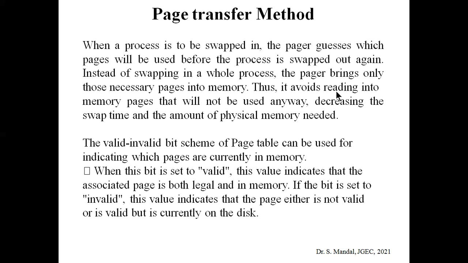In the page table we use another bit that indicates whether a particular page is in memory or not. If the bit is set to valid, or 1, this value indicates that the associated page is legal and is already in main memory.